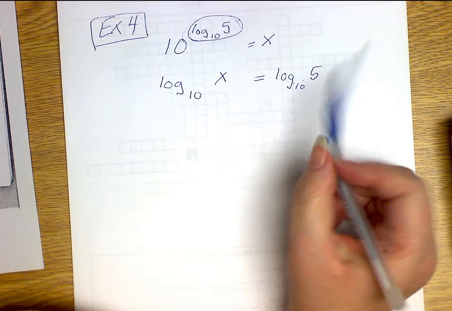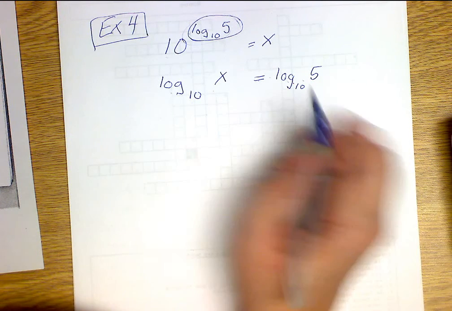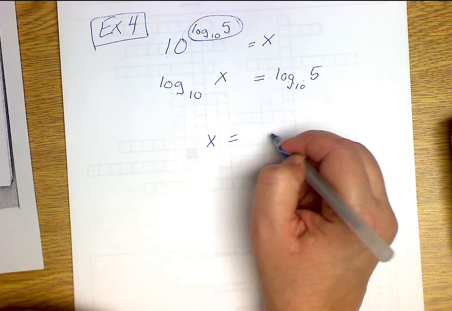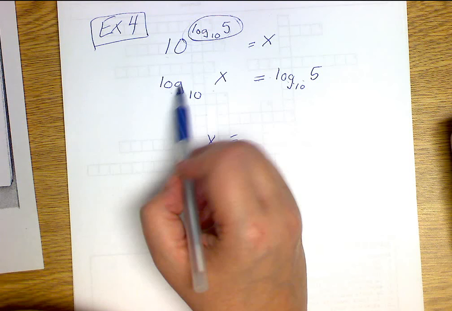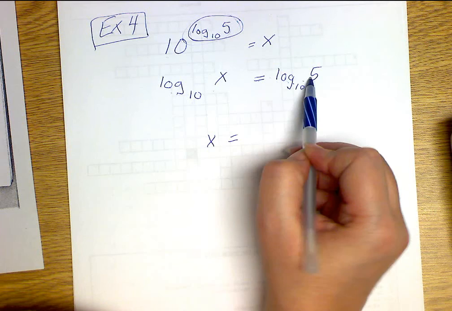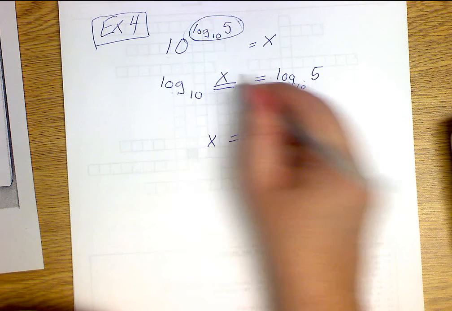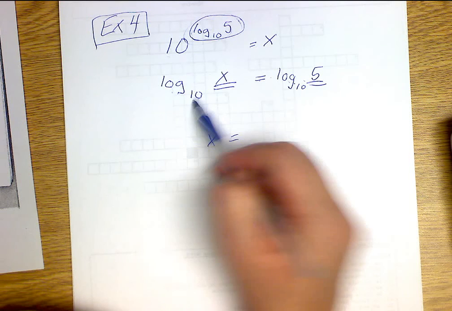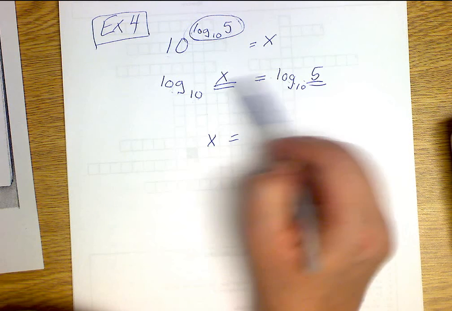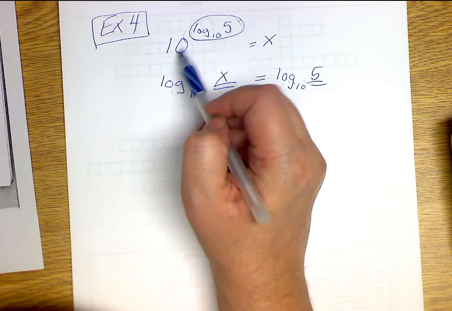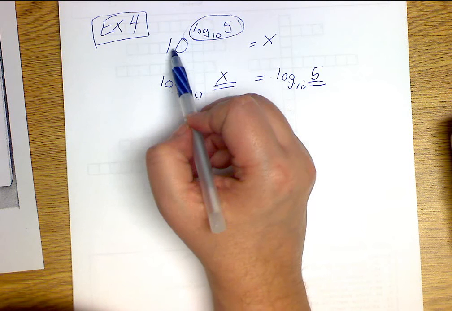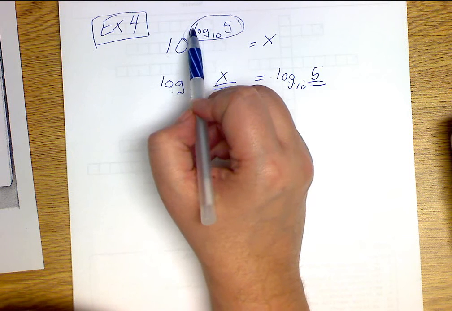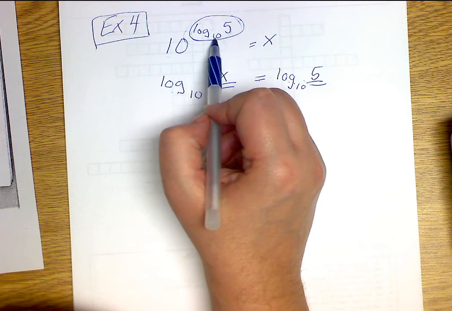So what is x? x is 5. See, these are already there, so x is 5. What the theorem says is if you have a base raised to the log of that base, it's going to be that number.